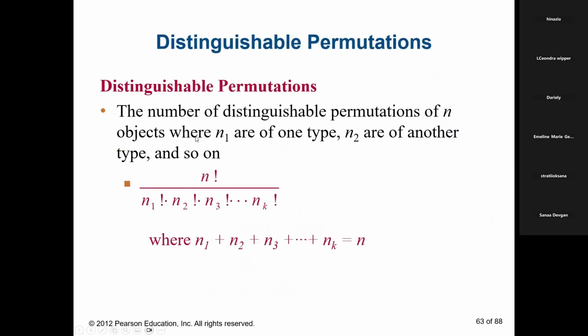Now, let's talk about distinguishable permutations. The number of distinguishable permutations of n objects where n1 are of one type, n2 are of another type, and so on, is given by n factorial over n1 factorial times n2 factorial times n3 factorial times, if you have more types, times nk factorial.